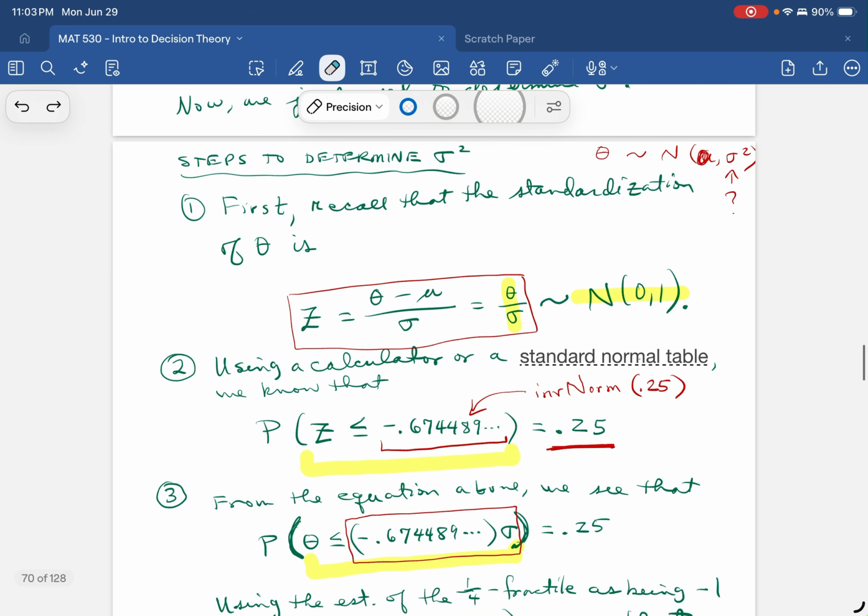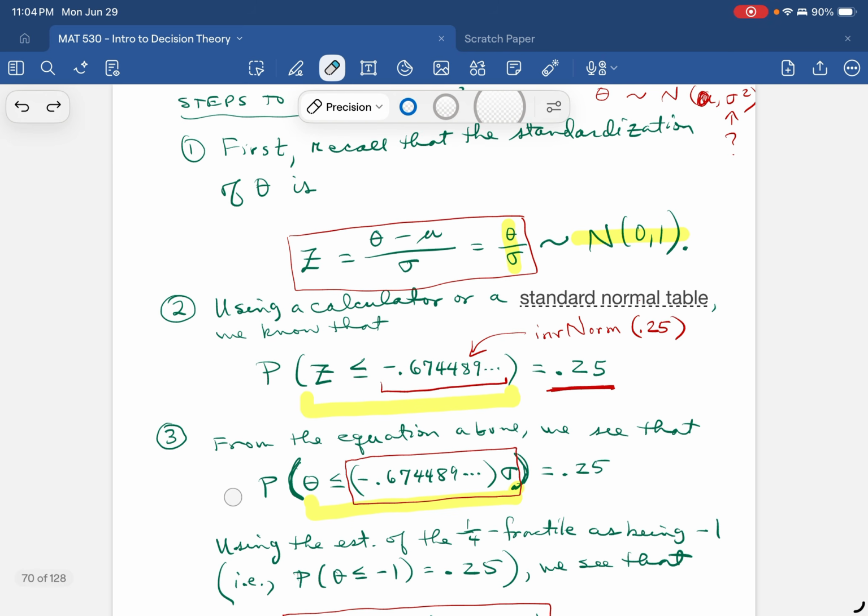So using a calculator or a standard normal table, we could determine the 1/4 fractile for the standard normal, right? That would just be the inverse normal of 0.25. We determined that it's negative 0.6744 and some change. And so then equivalently, the probability that theta is less than or equal to that number times sigma is equal to 0.25, right? Because remember, z is equal to theta over sigma.